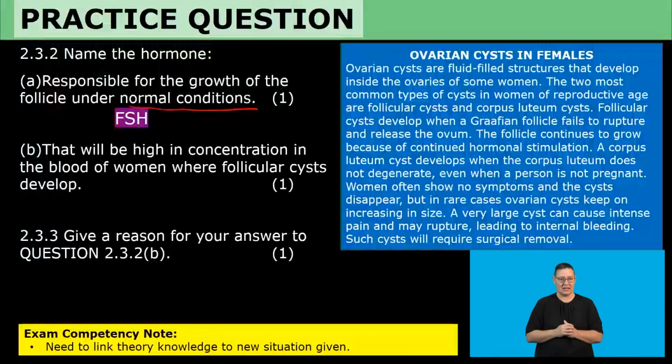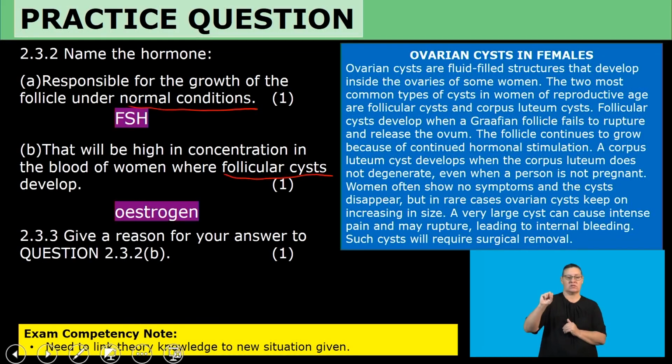B, that will be high in concentration in the blood of women when follicular cysts develop. Estrogen. Estrogen will be high as a hormone when a woman experiences follicular cysts. It means you must come here and relate to the fleshy story that you are given on the formation of the two different cysts.